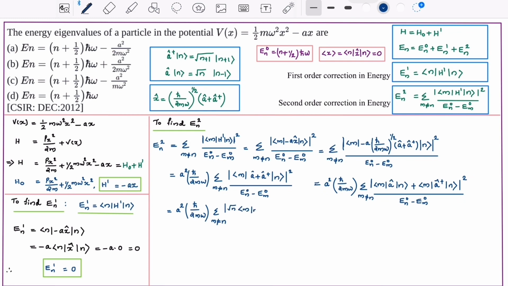Therefore, the first term is root n, then <m|n minus 1>, plus, when a dagger operates on n, you will get root of n plus 1 and the state n plus 1. Therefore, the second term is root of n plus 1, then <m|n plus 1>, whole square divided by En0 minus Em0.